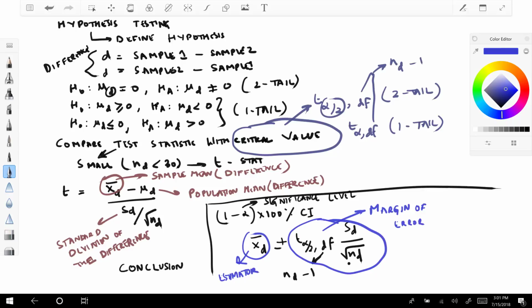So this is how we will be doing hypothesis testing and confidence interval.